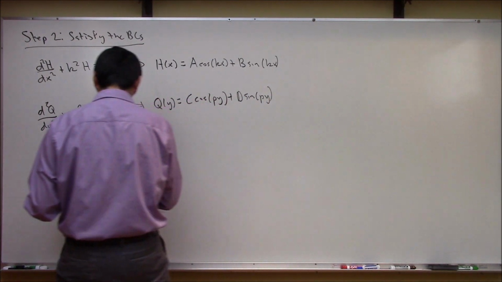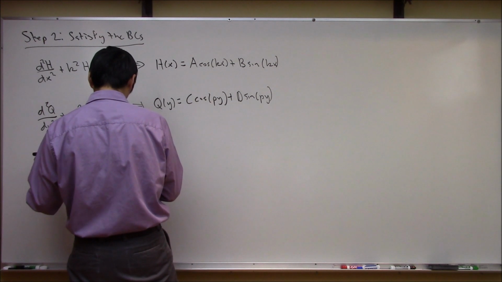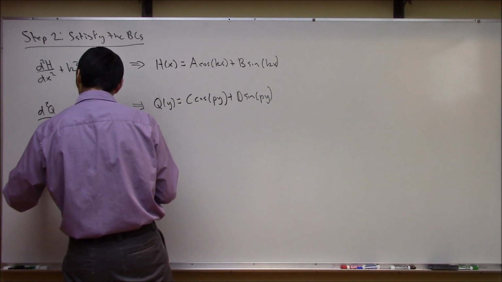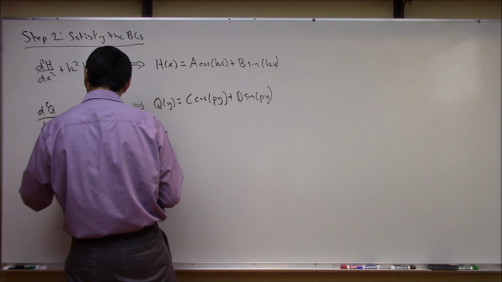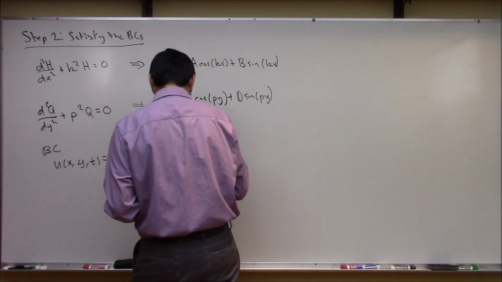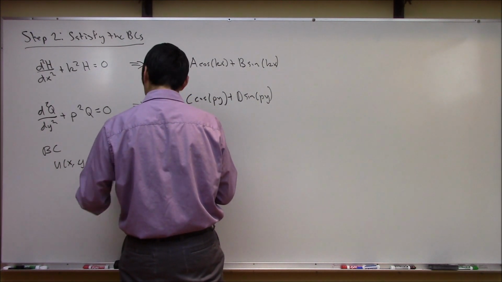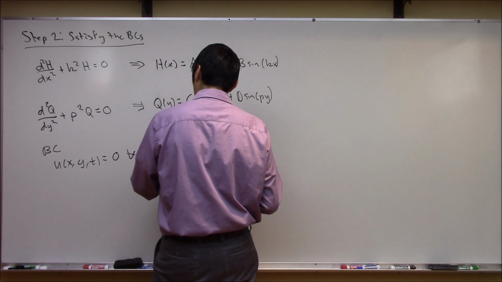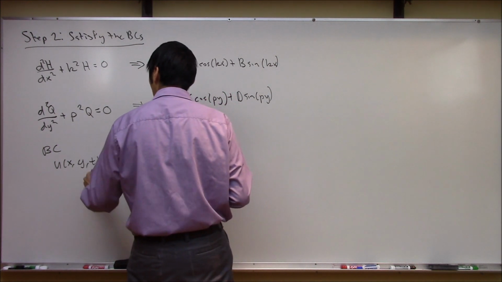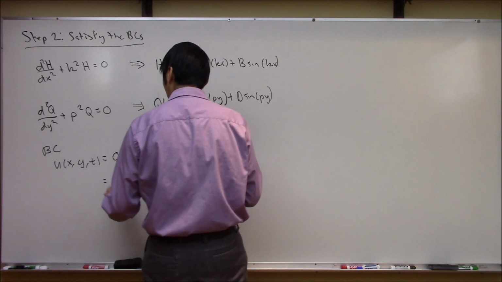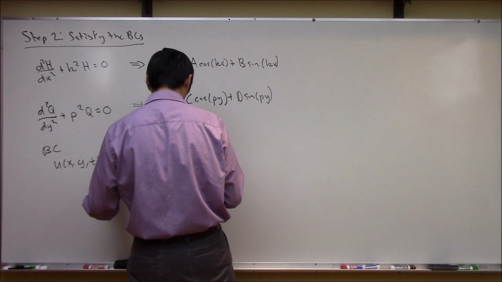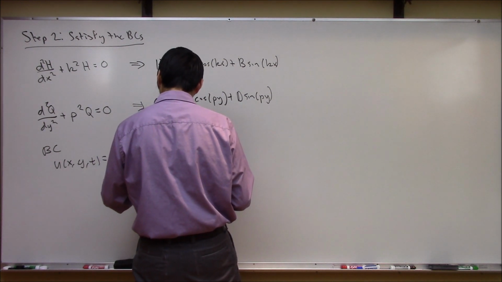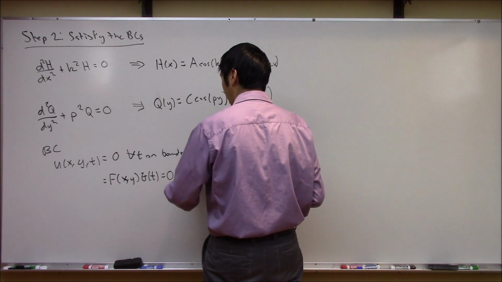Let's talk now about the boundary condition. If you remember, we stated that we want the deflection of this system to be equal to 0 for all t on the boundary. Since u was given by two successive separations of variables, the first one was f of xy times g of t, and this needs to equal 0 on the boundary.